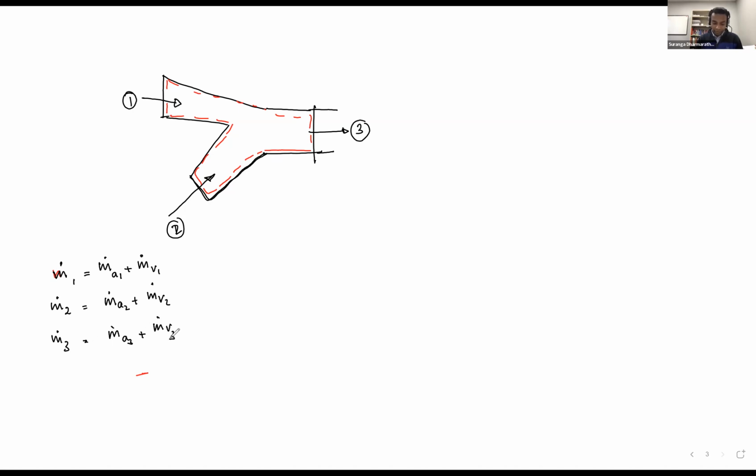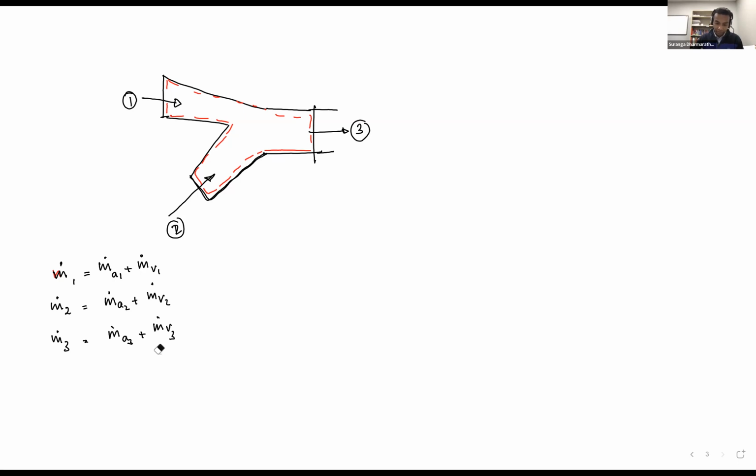Now, I can write the mass balance for the total mass flow rate or for individual components of mass flow rate. Mass conservation applies.